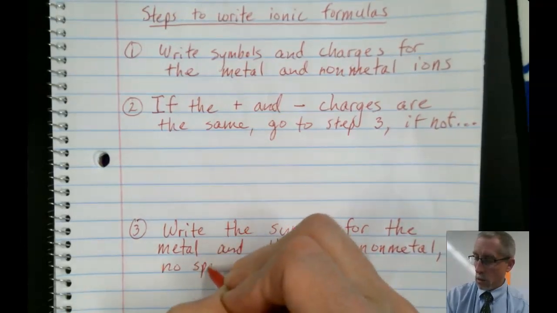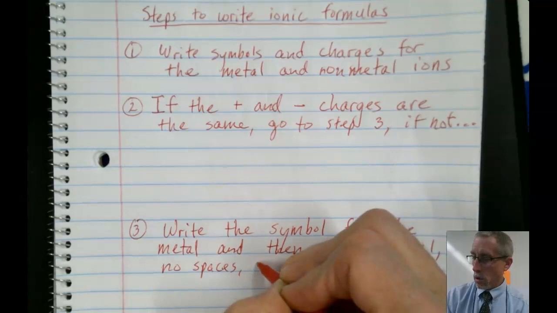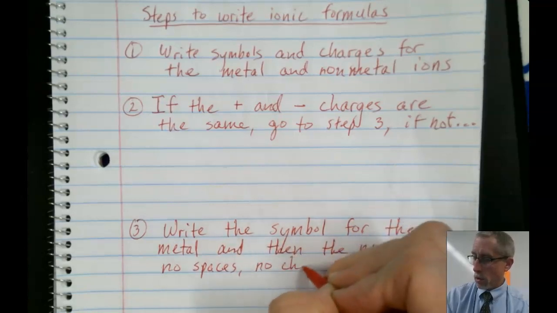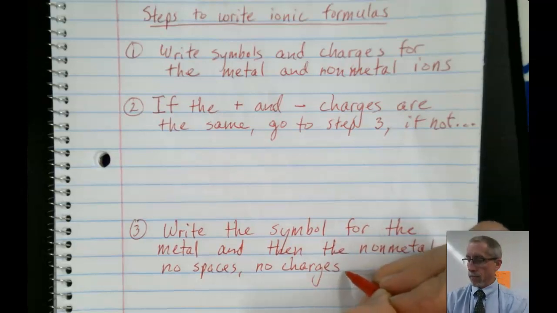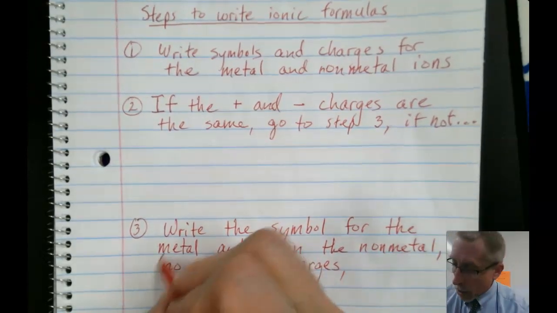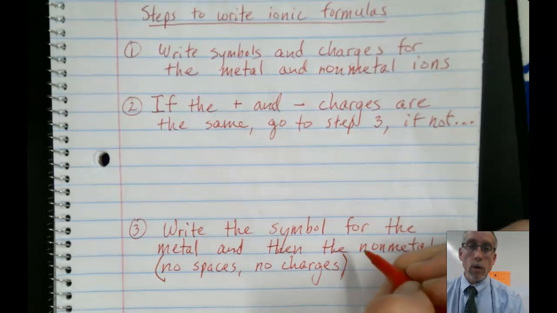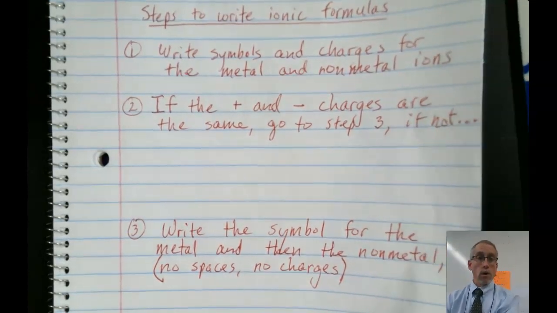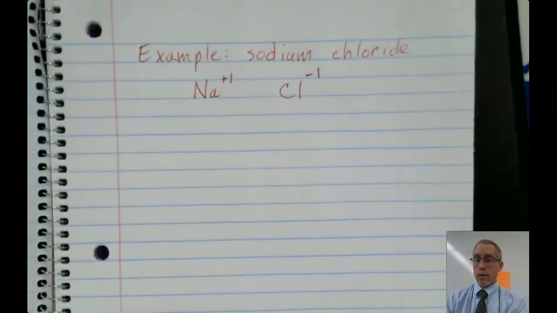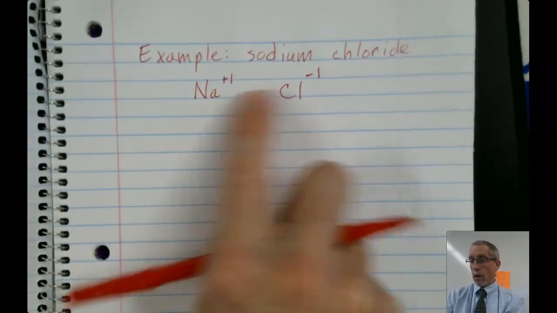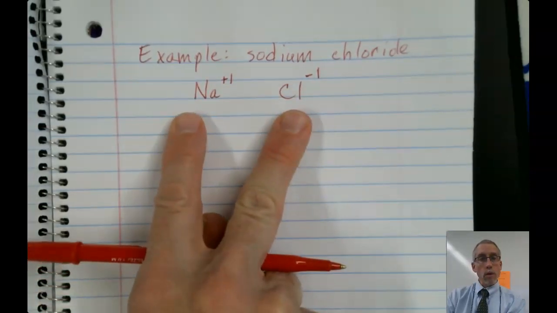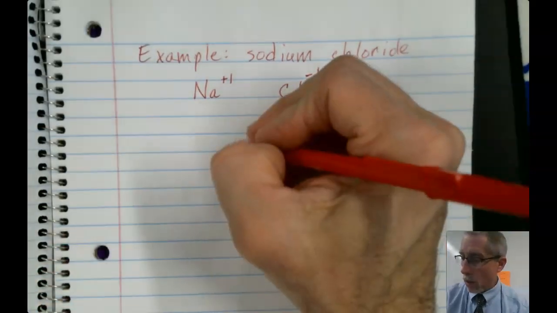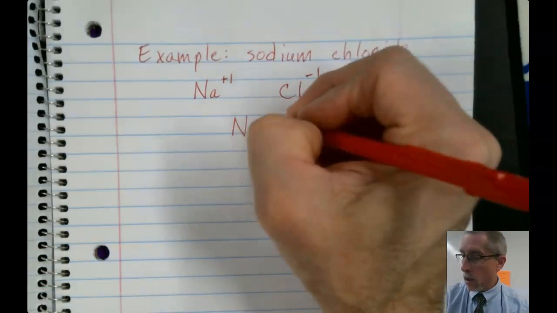No spaces, no charges. I'll put that in parentheses. So we don't include spaces, we don't include charges. So what is this going to look like for our sodium chloride example? Again, we get rid of the charges. We're not going to write those in our formula. We're just going to take all the space in between these, and we write NaCl.